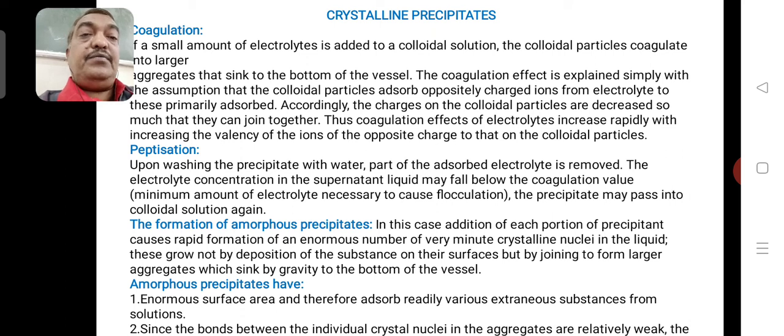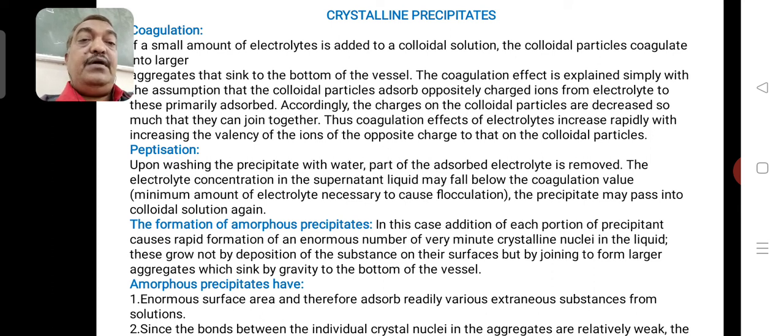There is a minimum amount of electrolyte necessary in case of fluctuation. The precipitate may pass into colloidal solution again. So, peptidization is also one step that may be involved during the conversion of colloidal particles into crystalline.